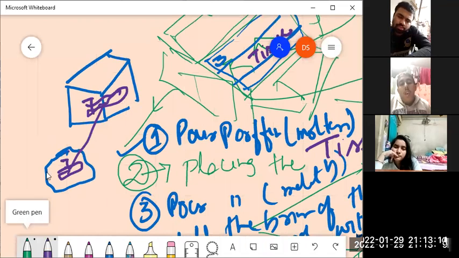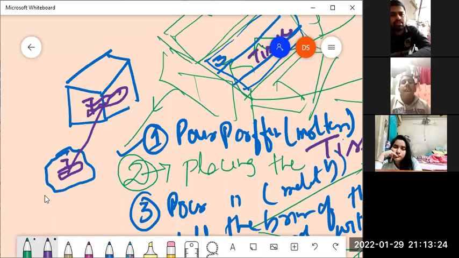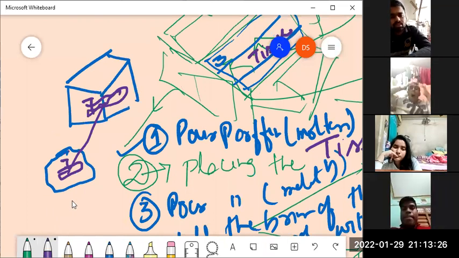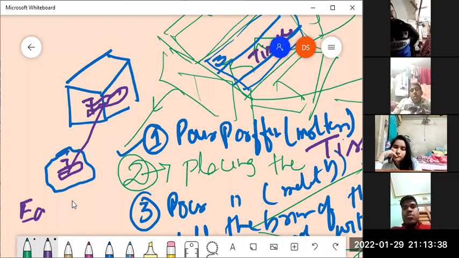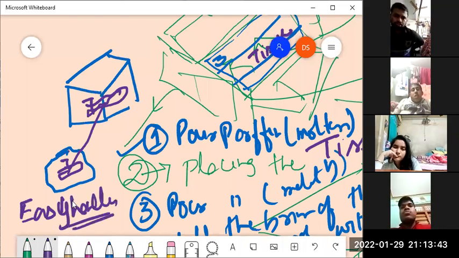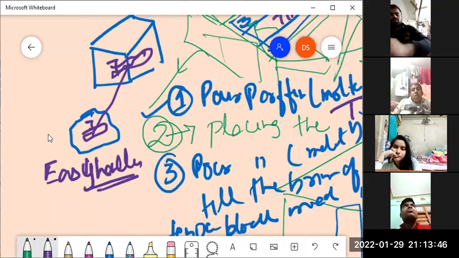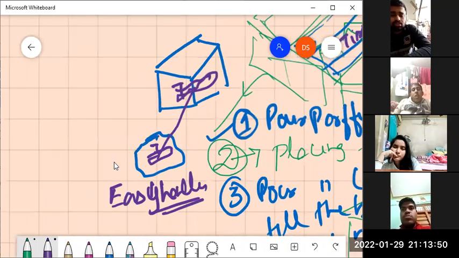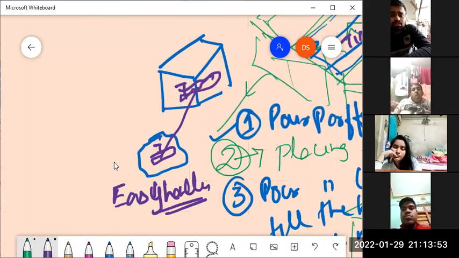That means, even before sectioning, we would now need to mount. Sometimes mounting can even be done after the sectioning. The purpose of mounting is easy handling of the tissue. Clear? That is the purpose of mounting.